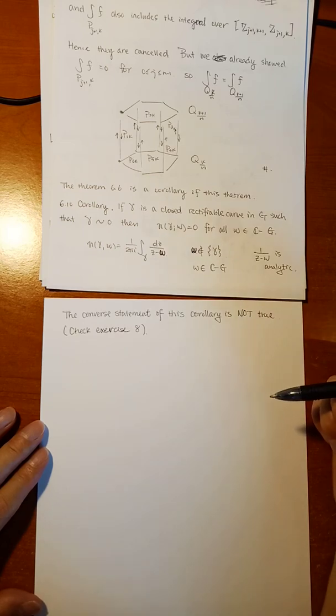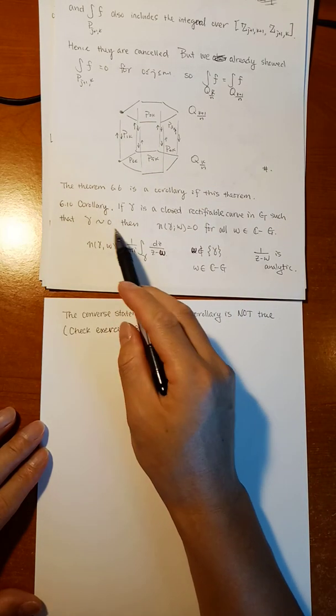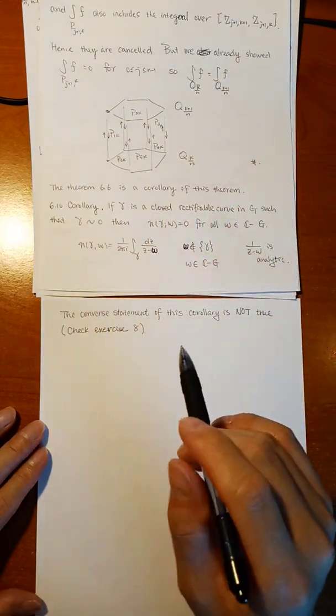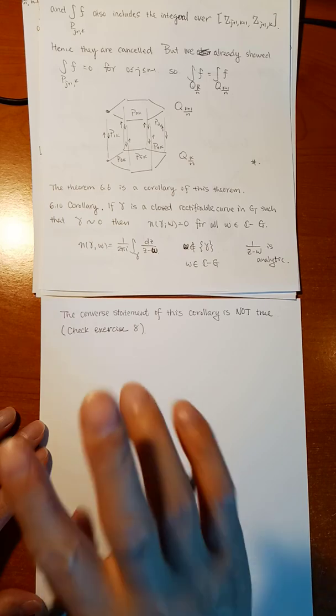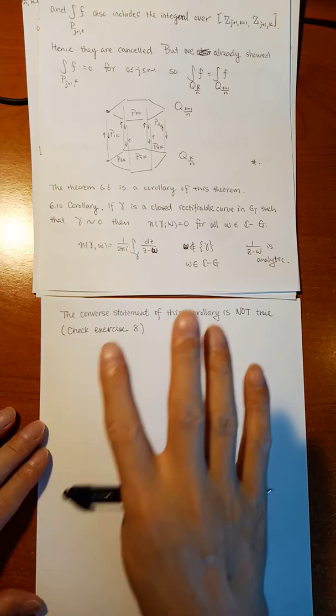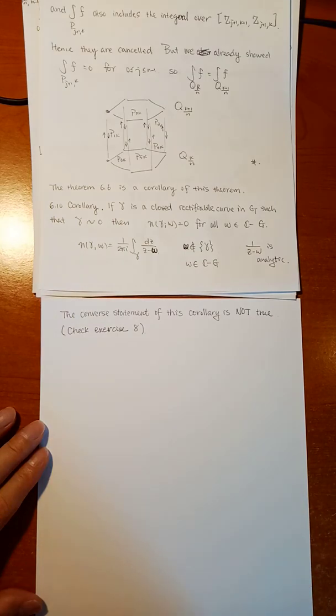Another application of this is that we can use the winding number to see which closed rectifiable curves are not homotopic.